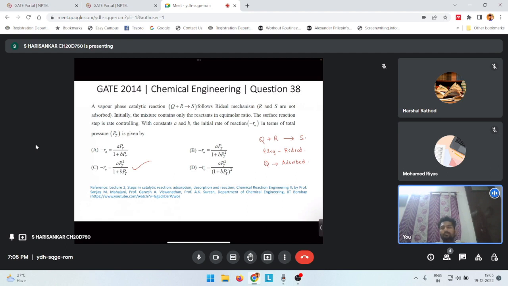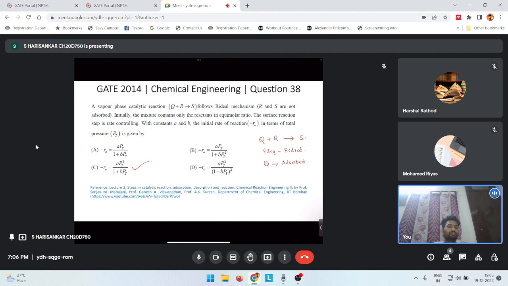So based on the system that you are trying to solve, you assume a series of steps, and you write the reaction rate equations for these steps, assuming that they are reversible in nature. And when you do that, you take one of those steps as the rate determining step. Here in this question, they have given that the reaction step is the rate controlling step.